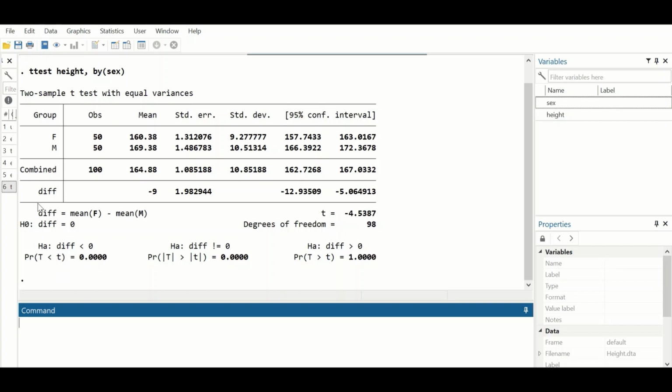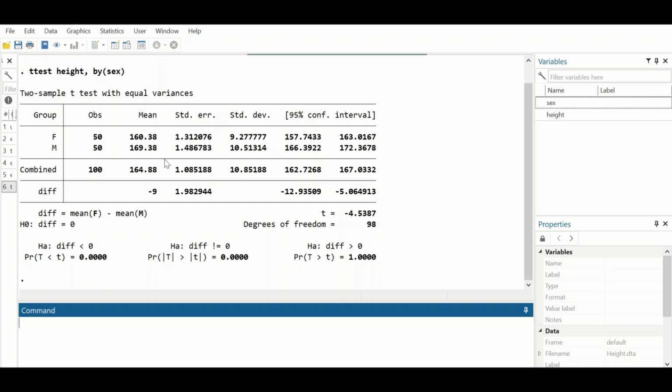From the table as shown here, the number of observations for males and females is 50 each, and there are two groups here, males and females. The mean height for the females is 160.4, and for males is 169.4.